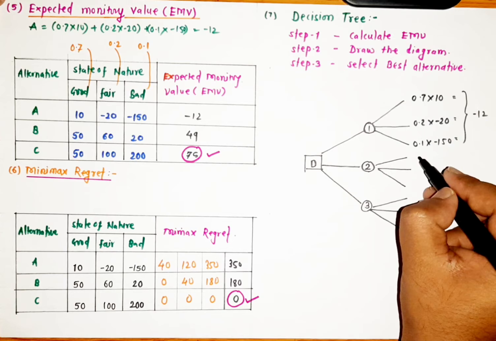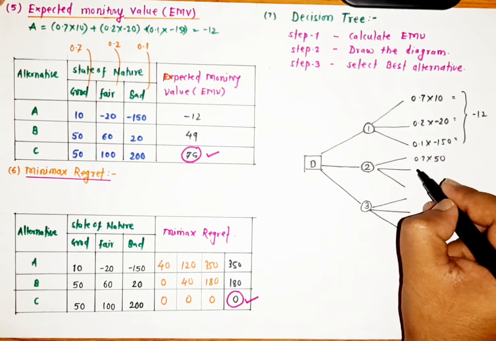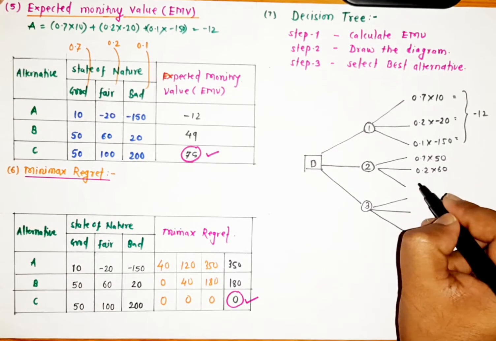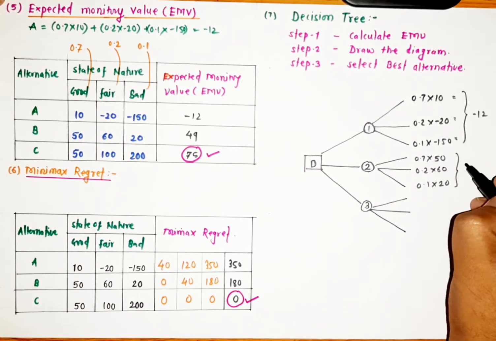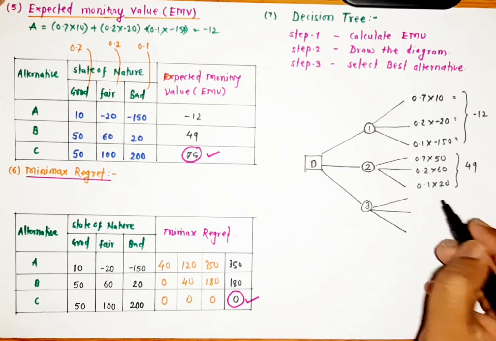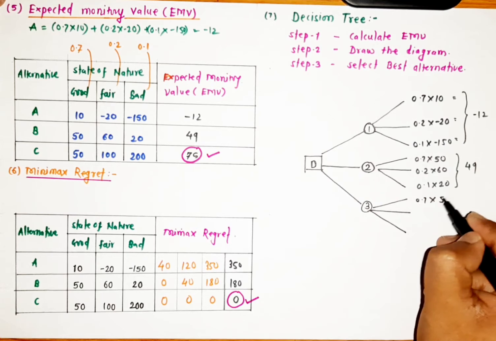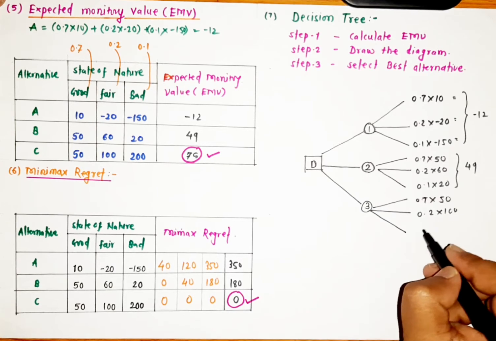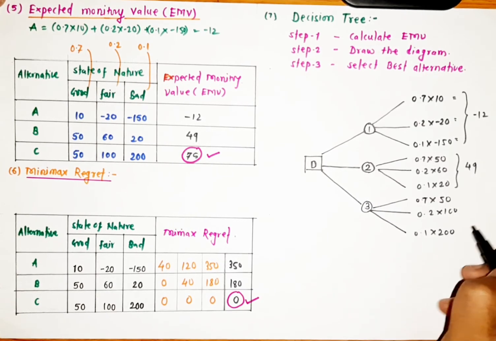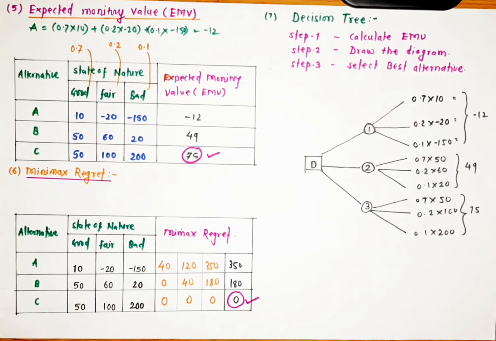For the next alternative it is 0.7 into 50, 0.2 into 60 and 0.1 into 20. When we add it we get the value 49. Then 0.7 into 50, 0.2 into 100 and 0.1 into 200. The addition of this is 75. So ultimately we have to choose the maximum one.